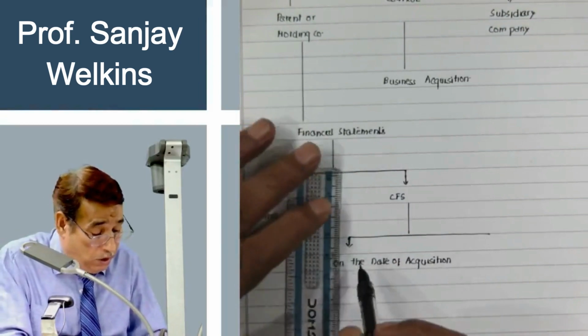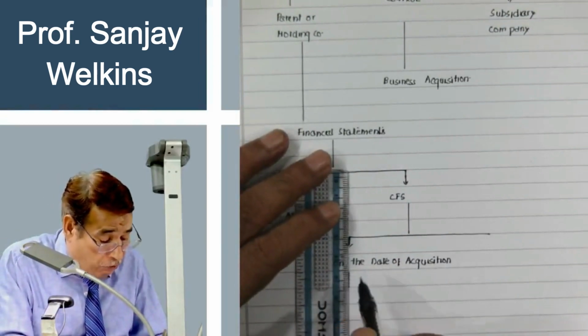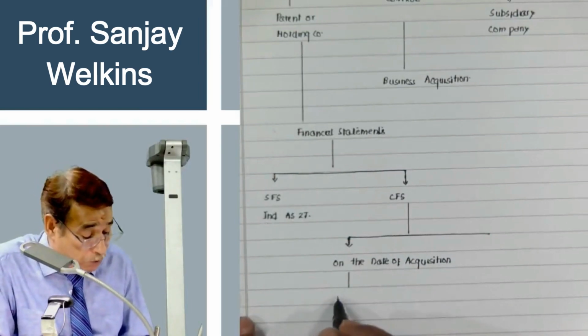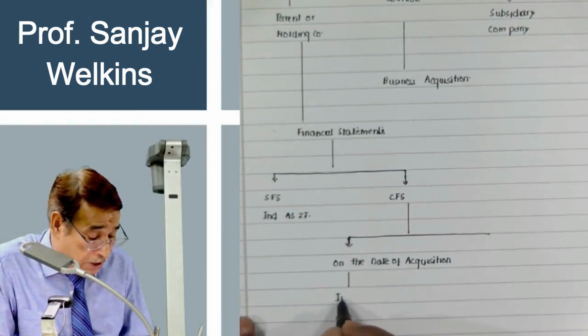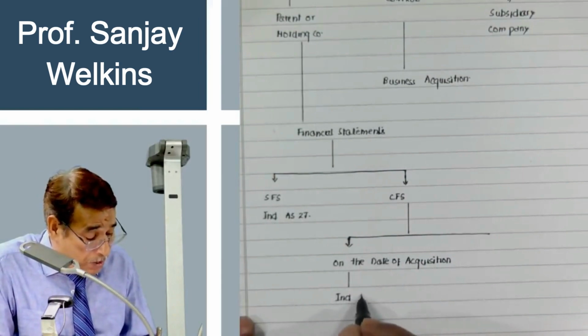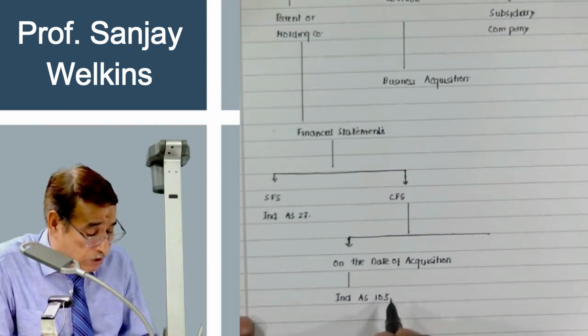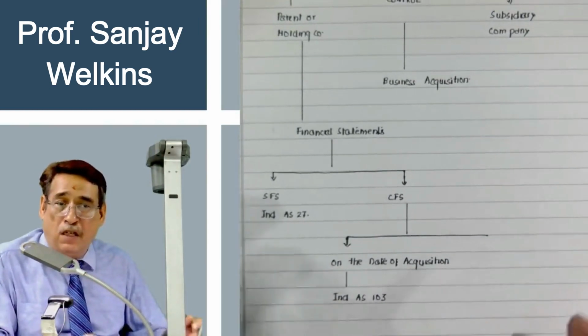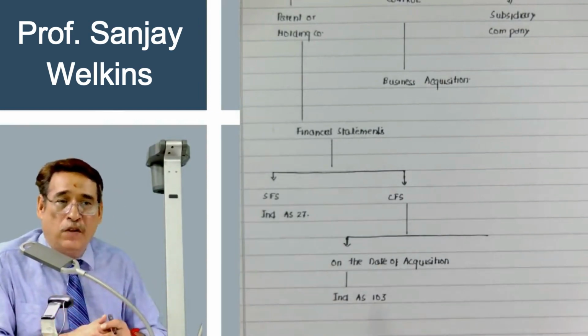Now you need to understand. On this date, when you prepare the consolidated financial statement, you will prepare it as per Ind AS 103. Many students and many others have this confusion. When we talk about consolidation, people say that Ind AS 110 is related with consolidation.